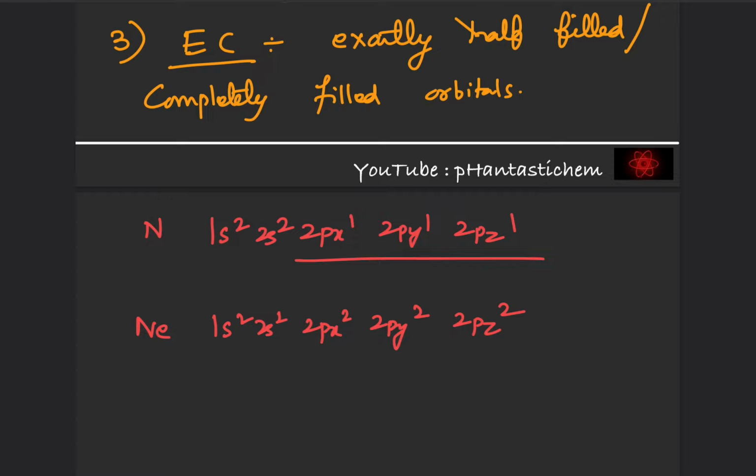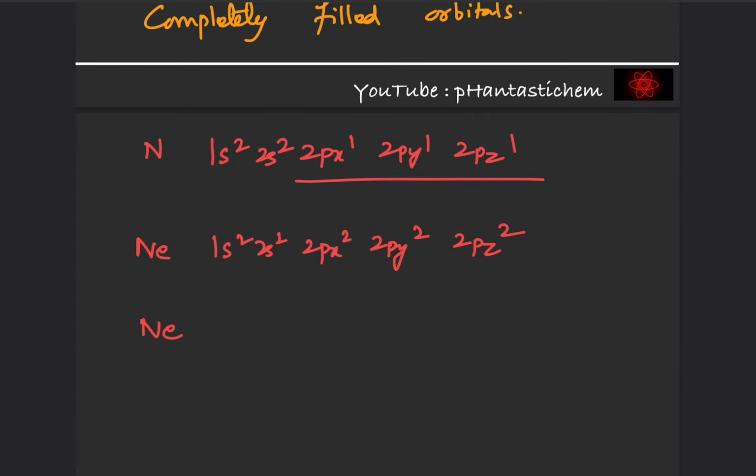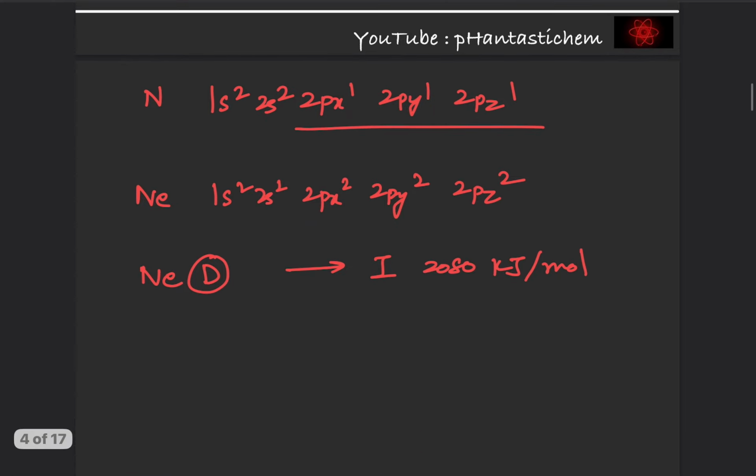So obviously neon, which is option D, will have the highest value, which is 1, and the ionization energy is 2080 kilojoules per mole. The next in value will be nitrogen because it is exactly half filled, which is option C. It will have the second highest value, that is the fourth value, that is 1402 kilojoules per mole.